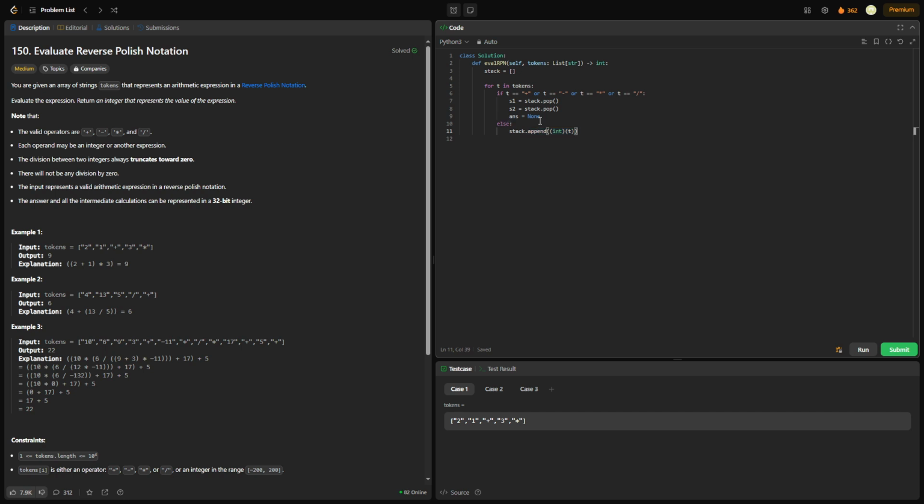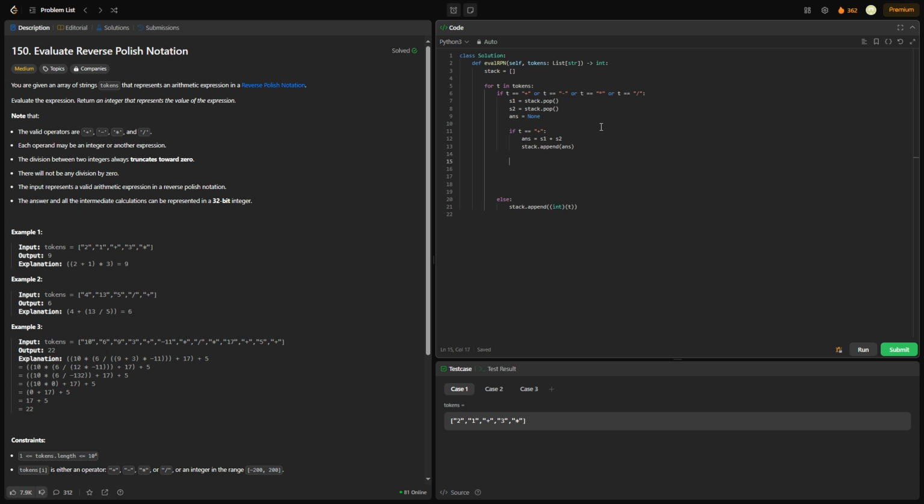So if we encounter an operator, we need to pop from the stack and handle whatever we have. If t is plus, we're going to say answer is s1 plus s2. And then whatever we have as a result, we need to append that to the stack, so stack.append(answer).